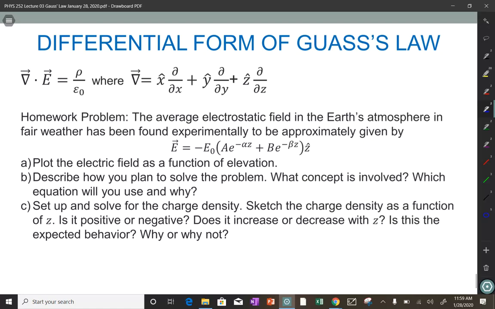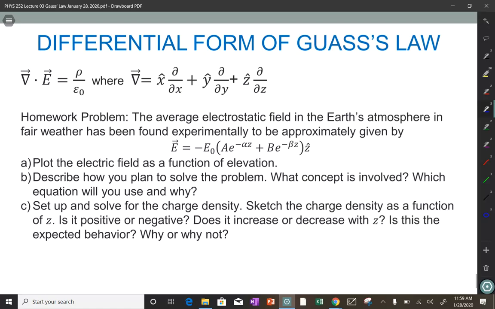And on the right side, we have charge density over epsilon 0, and we're going to have a dA. It's going to take a little work to get there, but you can see that it is relevant. Notice I've written what the gradient operator is in Cartesian coordinates, because it's a lot easier in Cartesian coordinates than the others. And so here's the problem.